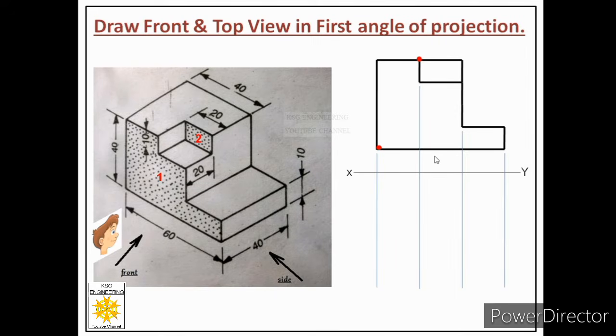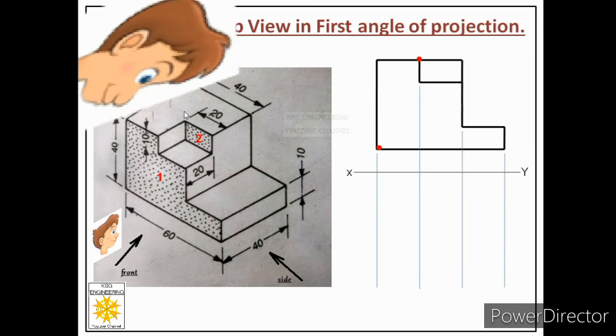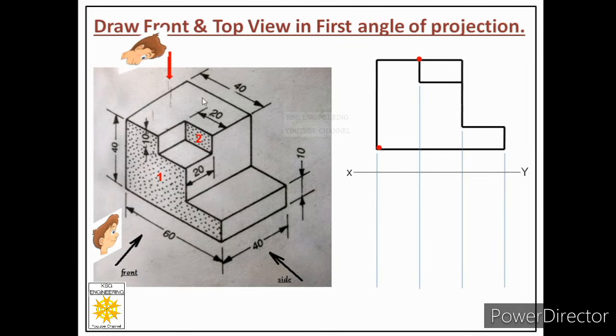Now in order to get its top view, the observer has to change his position, but he has to maintain the same direction. Means maintain the same direction, but now look from top. So when the observer looks at the object from top, again he will search for those faces which are either parallel to the plane of projection or inclined to the plane of projection, because the observer can see only these two kinds of planes.